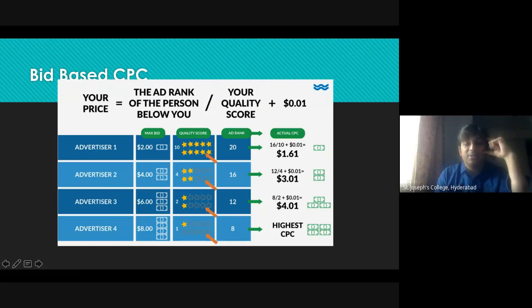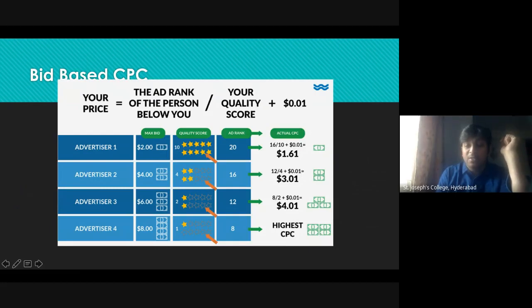So the actual CPC would only be $1.61. Here you can see, even if the bid amount is less and the quality score is really good, he's getting more preference than the person who has bid $8. The CPC is high for that person because his quality score is very low.